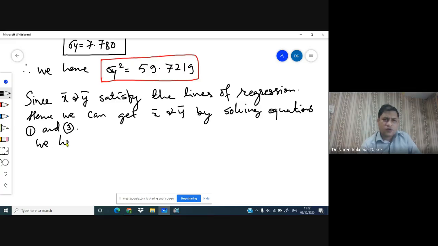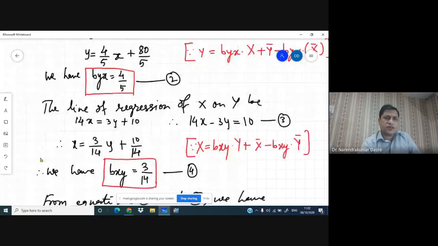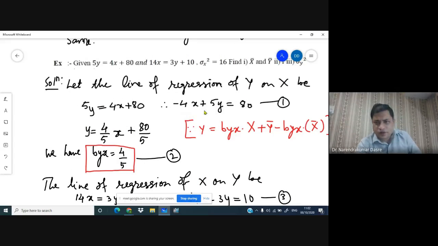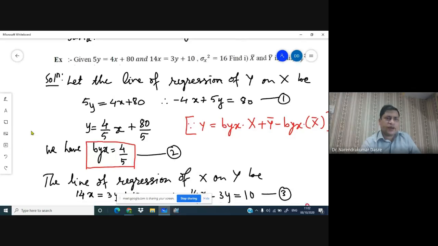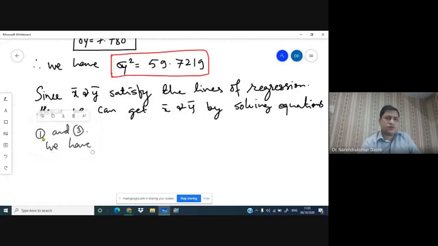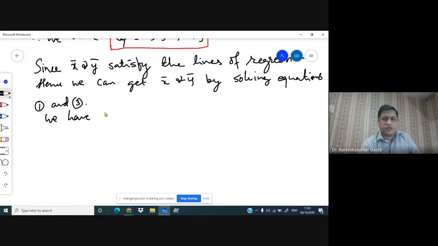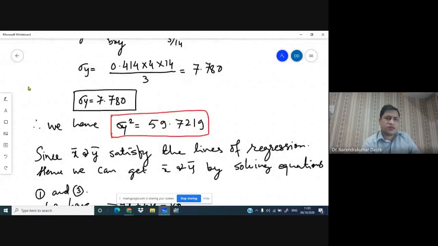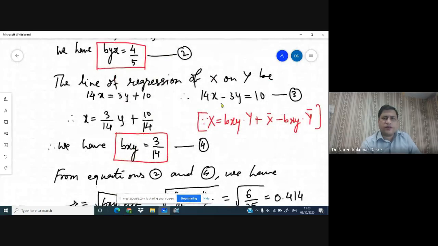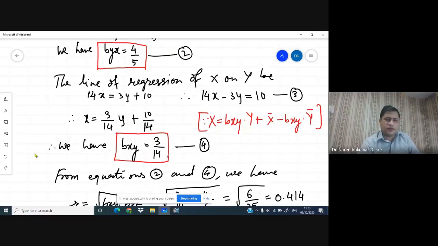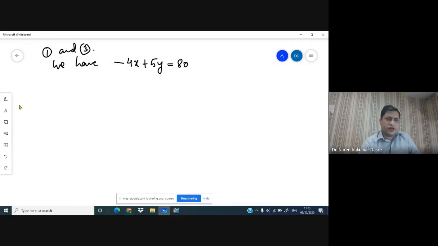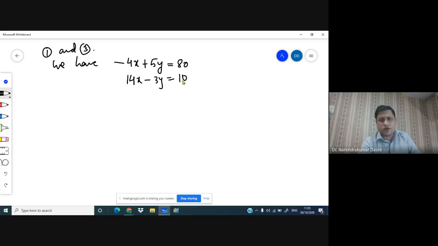Equation 1 is minus 4x plus 5y is equal to 80. Equation 3 is 14x minus 3y is equal to 10.